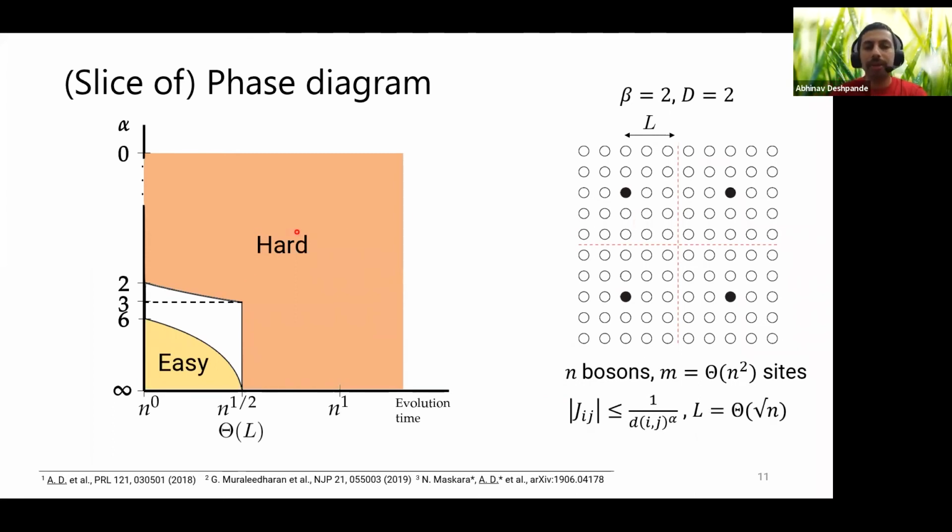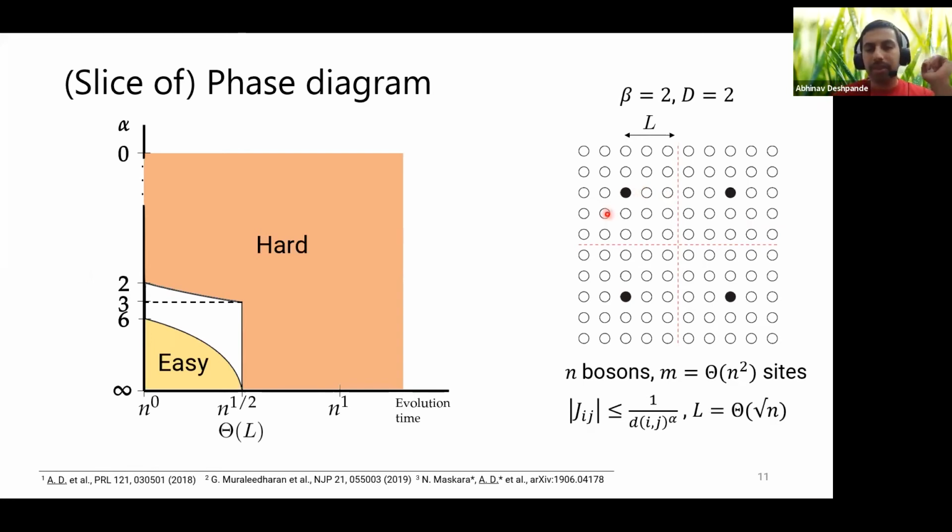And for hardness, we use the time dependence to implement some circuit that's already known to be hard to simulate from other papers, for example.